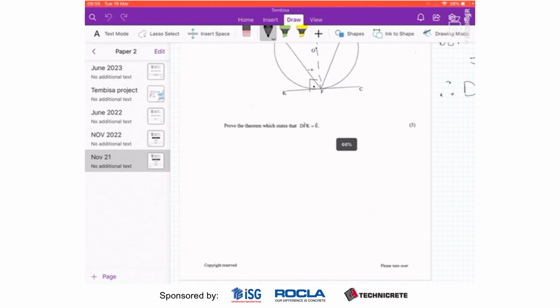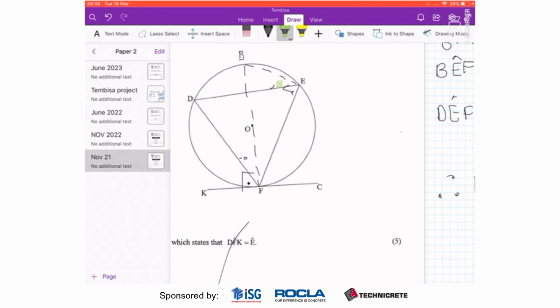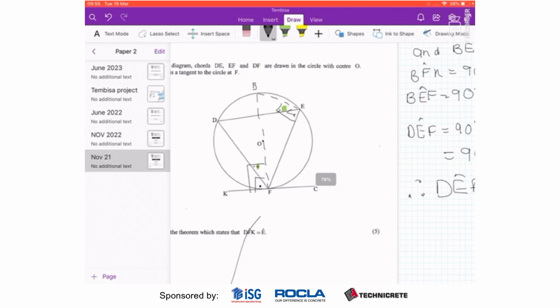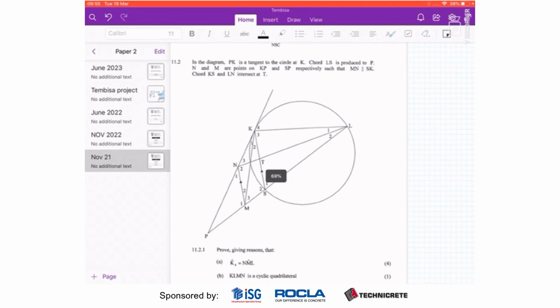That's the easiest way of thinking about it: this angle is equal to this angle and they both have a complete 90, making them both 90 minus the same angle, which is why they end up being equal. Okay, let's go to the next question.